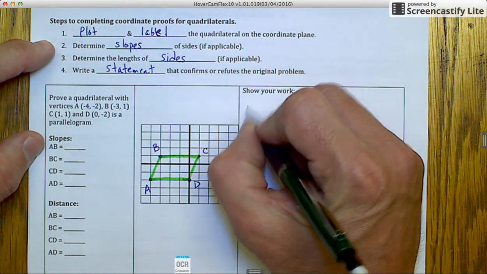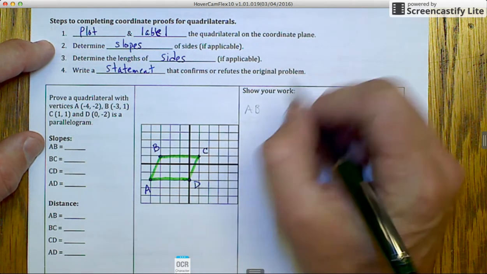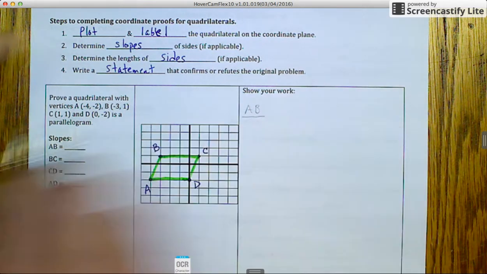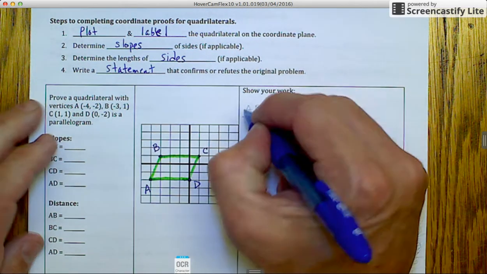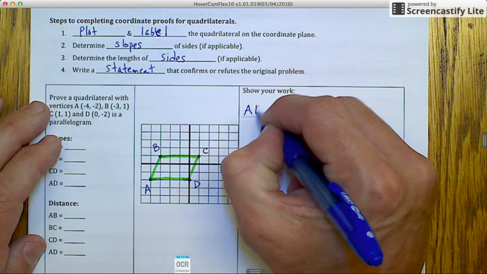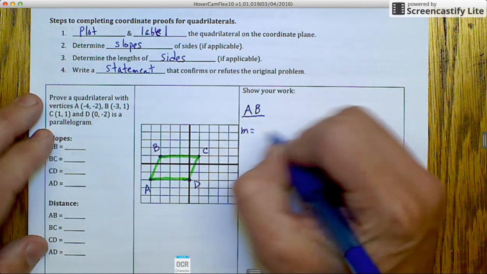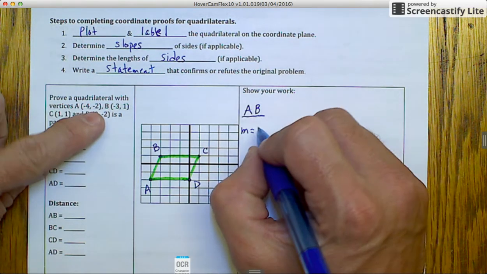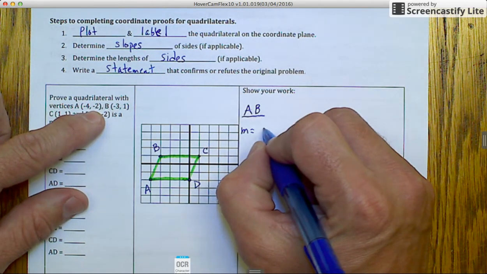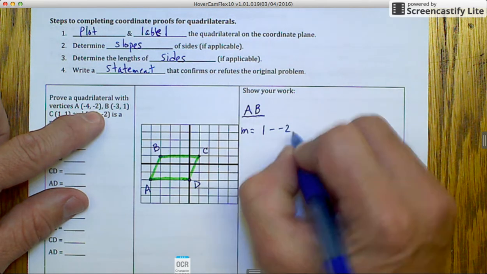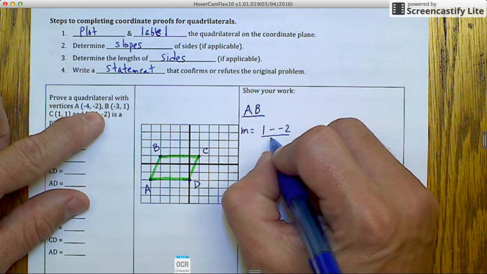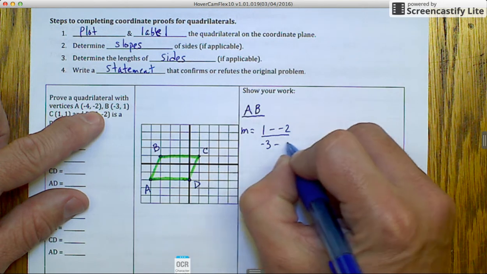So for AB, we're going to use a slope formula. Sorry, you can't really see that, so I'm going to do it in pen. I recommend you do it in pencil. And our slope formula is y2 minus y1 over x2 minus x1. So I'm going to go 1 minus a -2 over -3 minus a -4.